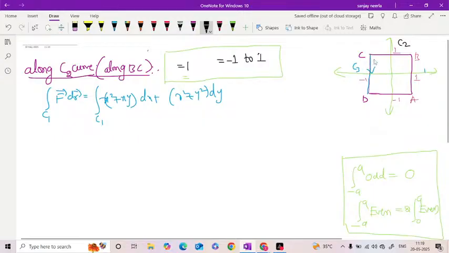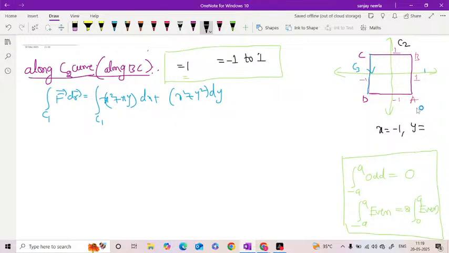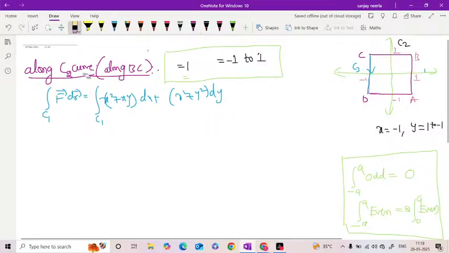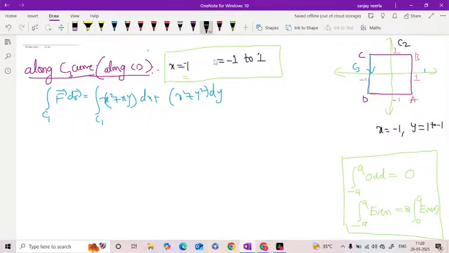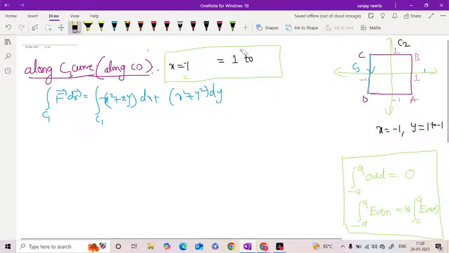So on C2D, x is equal to -1 and y is running from 1 to -1. So along the C3 curve, along C2D, the x value is -1 and the y value runs from +1 to -1. In this one our dx must be 0.